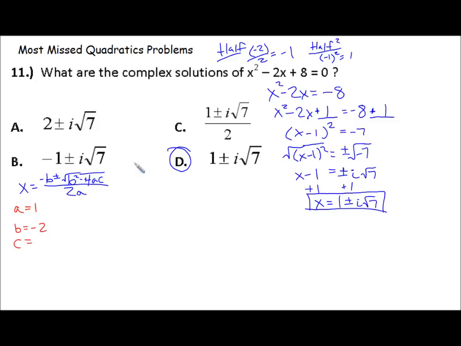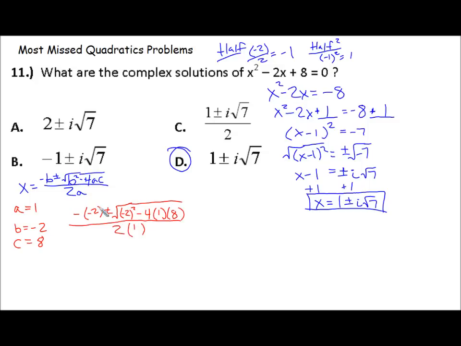And your c value is your constant, what's just being added at the end, which in this case is +8. Plug all these numbers into the quadratic formula, so you get -b, or -(-2), plus or minus the square root of (-2) squared minus 4 times 1 times 8. This is all divided by 2 times 1.